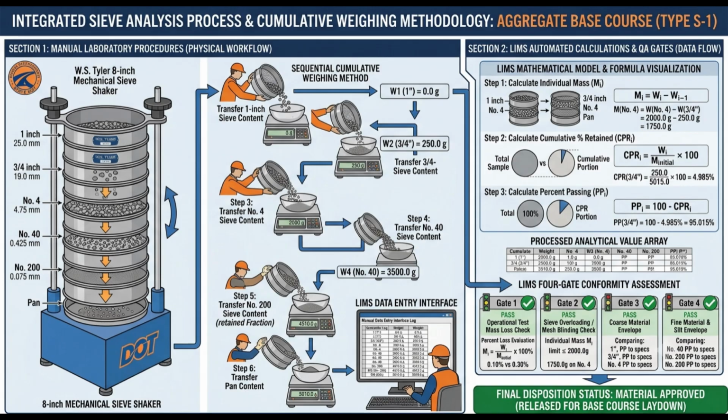So how is this test performed? The operator prepares a sample of minimum 5,000 grams of aggregate. Then it will proceed to separate the fractions using manual or mechanical screening.